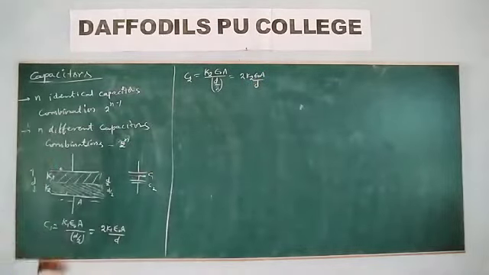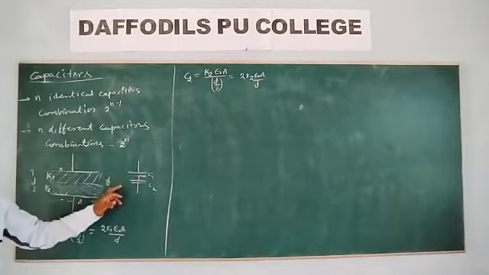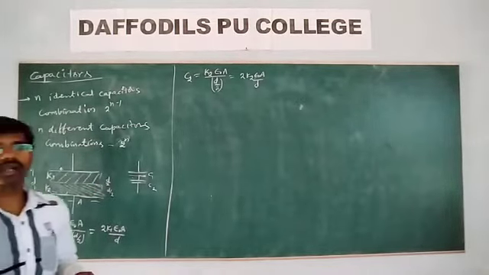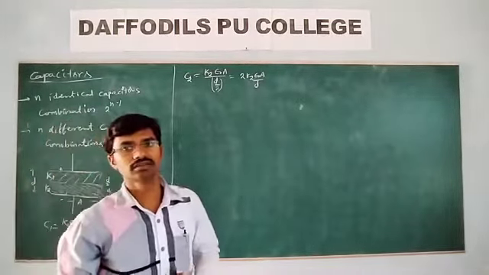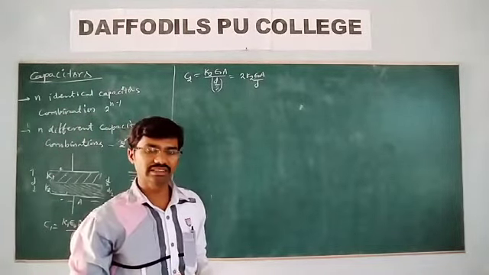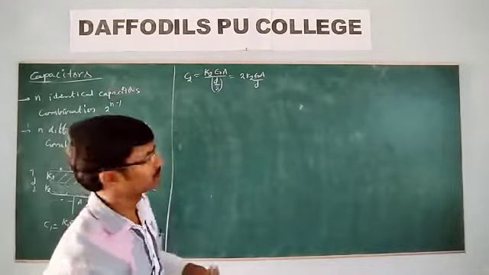Now remember, these two capacitors are in series combination. In series, the resultant capacitance is 1 by Cs equal to 1 by C1 plus 1 by C2.